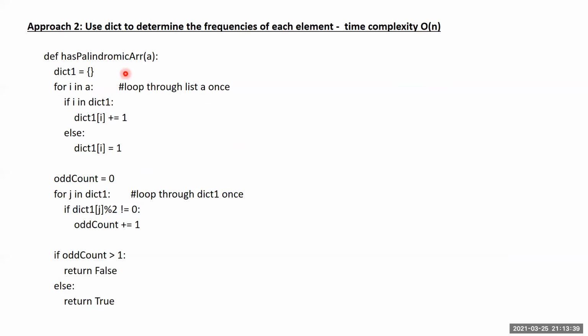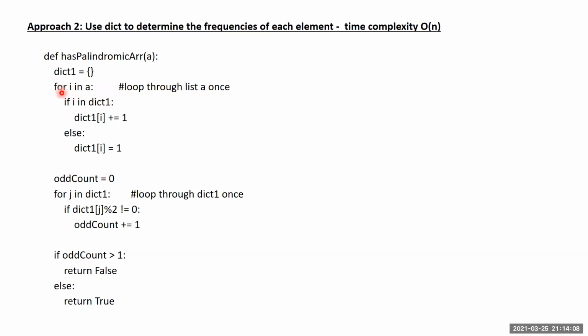Now, another approach is to use the dictionary, which quite a number of you actually used. And the time complexity is even better. You can hit big O of n. So at the start of this algorithm, you can just create a dictionary. And you just need to go through the input array once, and start to build up your dictionary this way.